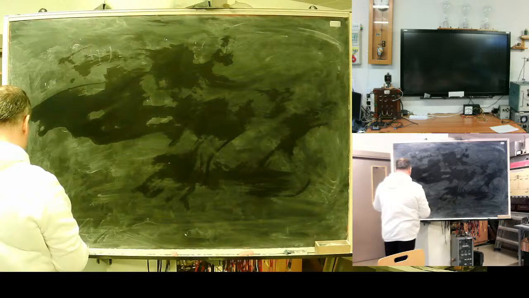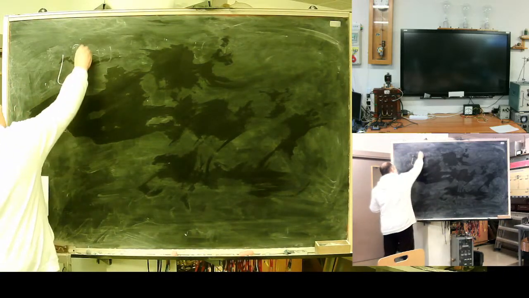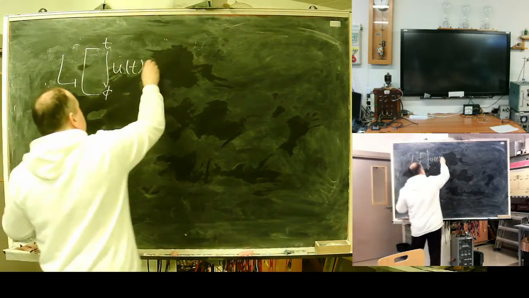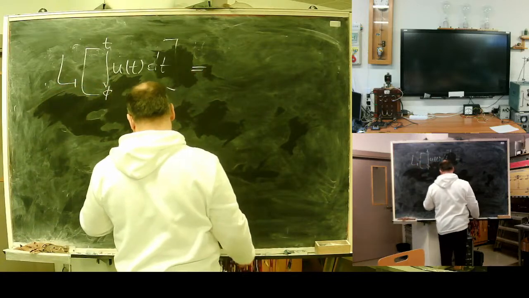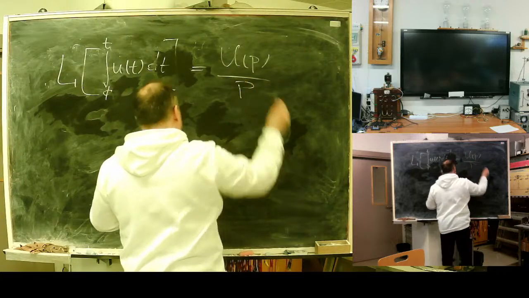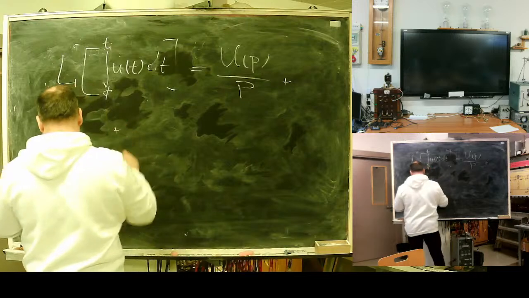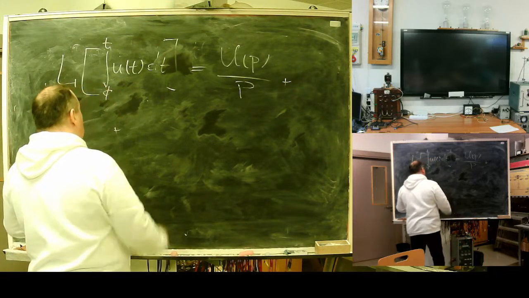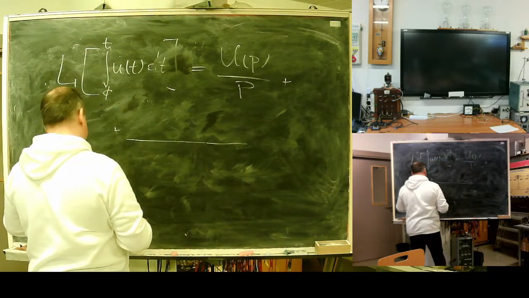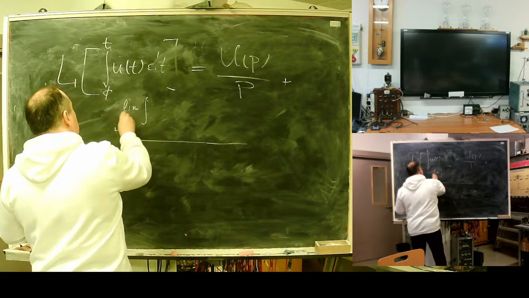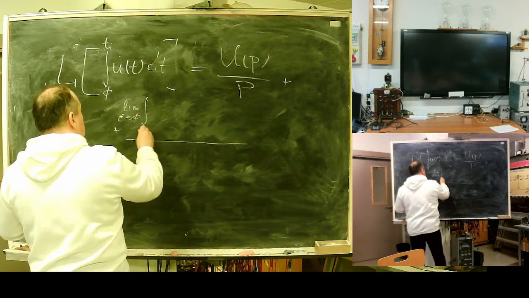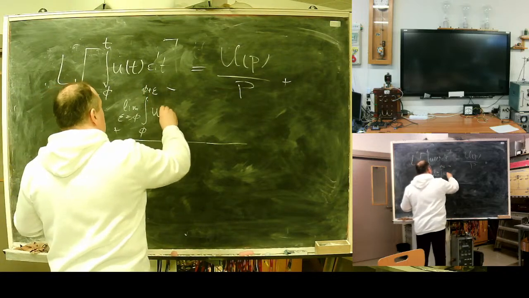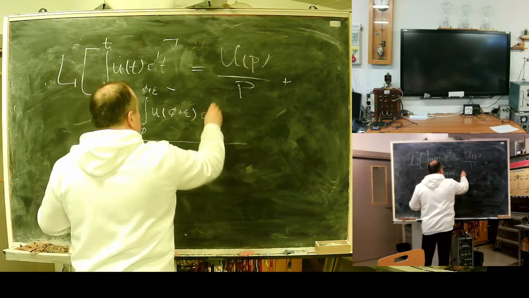It's integration. Performing the Laplace transform on the integral from 0 to time yields the original divided by the complex frequency plus, as epsilon goes to 0, the integral from 0 to 0 plus epsilon, the time divided by p.